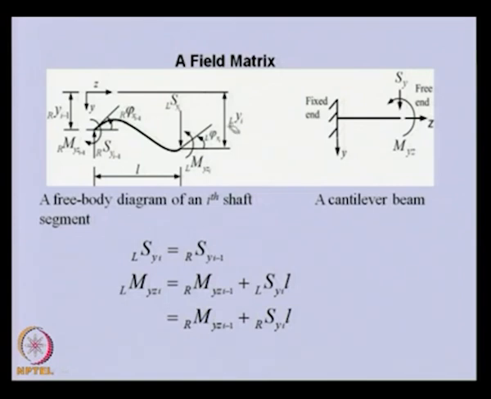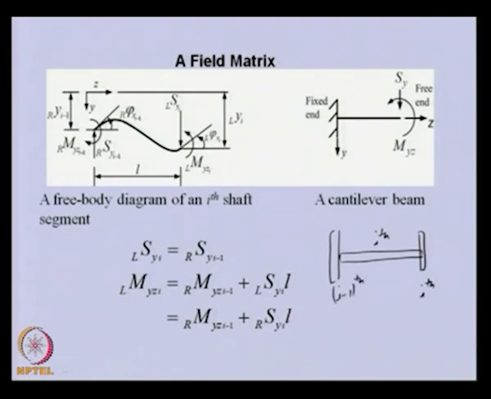So, L represents that this particular displacement is on the left of the ith disk, and this particular one is the angular displacement, the slope. Basically, if we look at the ith shaft, here we have the ith disk and here we have the I minus 1th disk.